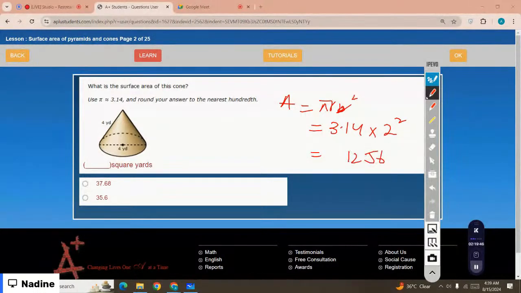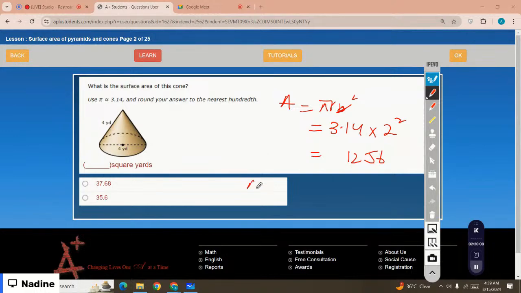Now calculate the area of the slant height, right? That would be pi r s.